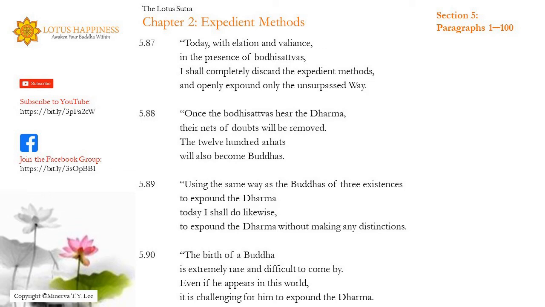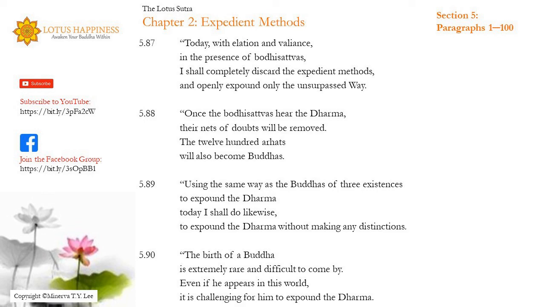Once the bodhisattvas hear the Dharma, their nets of doubts will be removed. The 1200 arhats will also become Buddhas, using the same way as the Buddhas of 3 existences, to expound the Dharma. Today I shall do likewise, to expound the Dharma without making any distinctions.